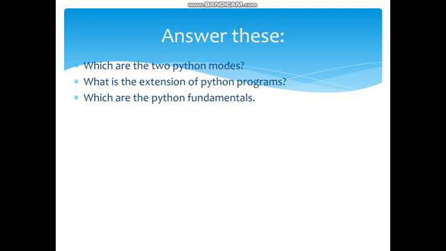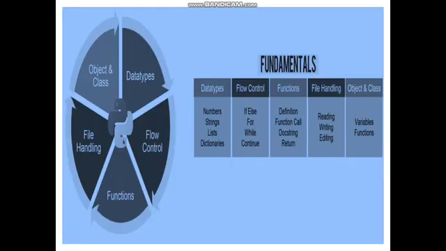Interactive mode and script mode. What is the extension of a Python program? .py is the extension of Python programs. Which are the Python fundamentals? You already know: data types, flow control, functions, file handling, object and class.